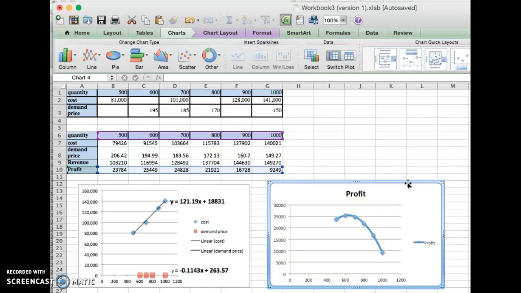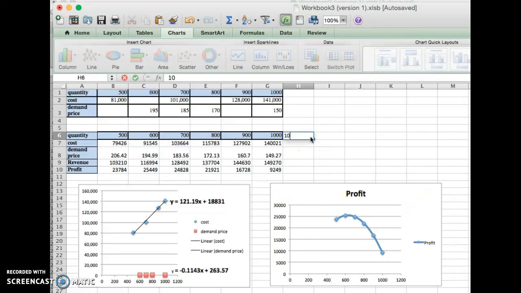In order to find my break-even points where the profit is zero, it sometimes helps to get a little bit of a guess of where that would be. Now if you trace this back, I would guess that the quantity would be about 100. There's a second break-even point where you stop making profit altogether, which is at 1100.